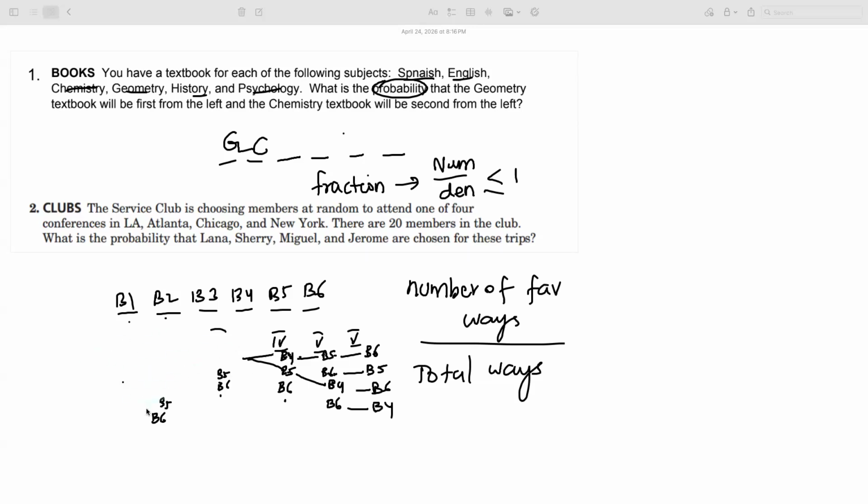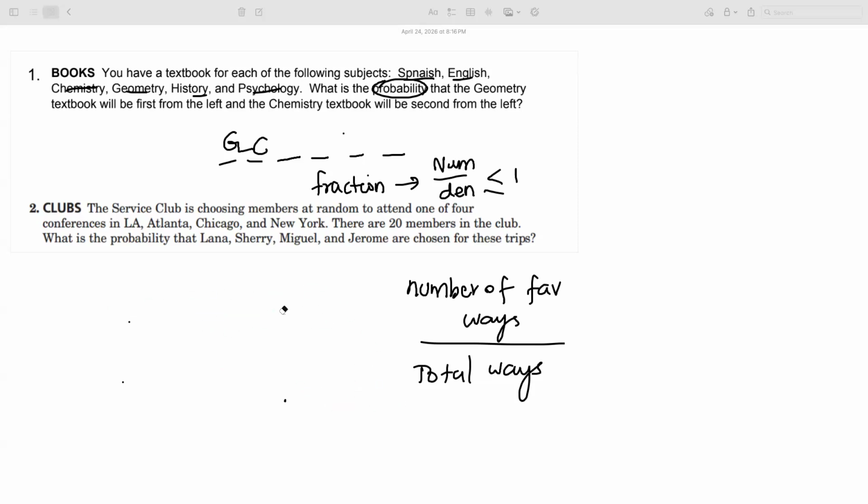Instead of this tree diagram, the best way is to think about 6 slots. I have to arrange books. I have 6 books with me. How many possibilities can go here? 6. Now 6 possibilities can go here, but one of the slots is taken.